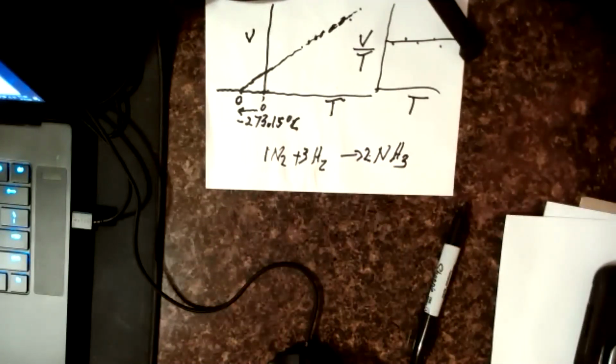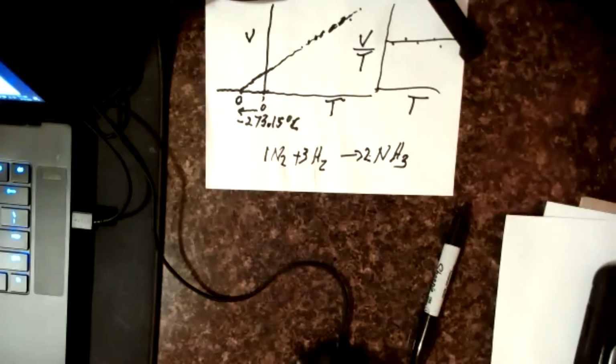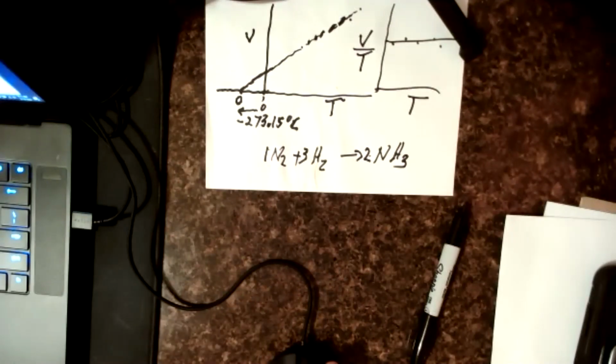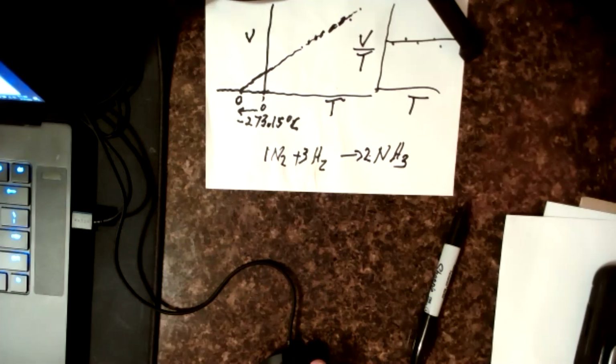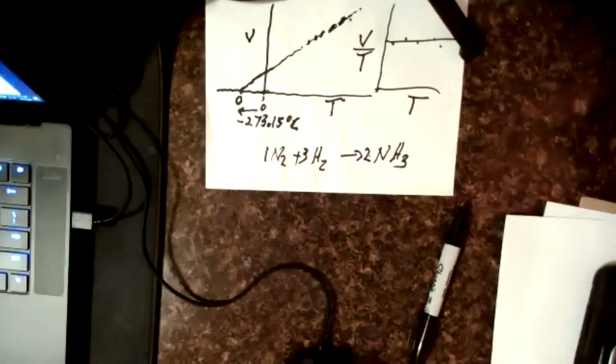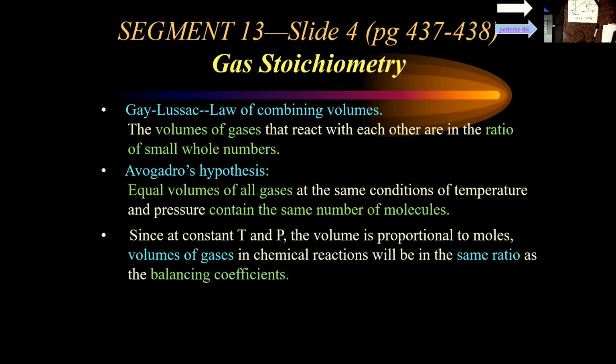So this is a case where we can use volumes as we are doing chemical reactions. In gases, that makes the chemistry really easy. We just take a volume in the same ratio as the balancing coefficients when we carry out the reactions.